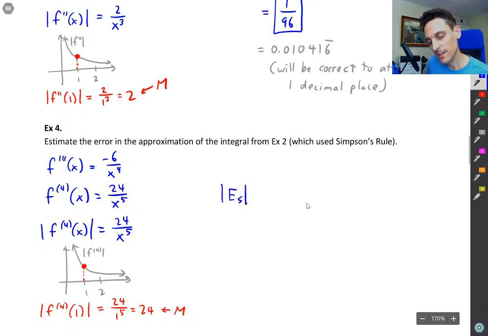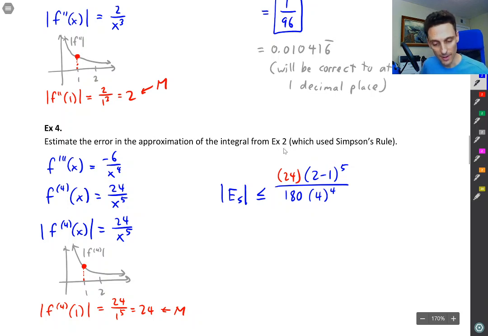So we can feed that into the error bound formula for Simpson's rule, which is M times (b minus a) to the fifth, that's (2 minus 1) to the fifth, over 180, kind of a nice number, you know, half of 360. And then we have n to the fourth. Remember the n here from example 2 was 4.